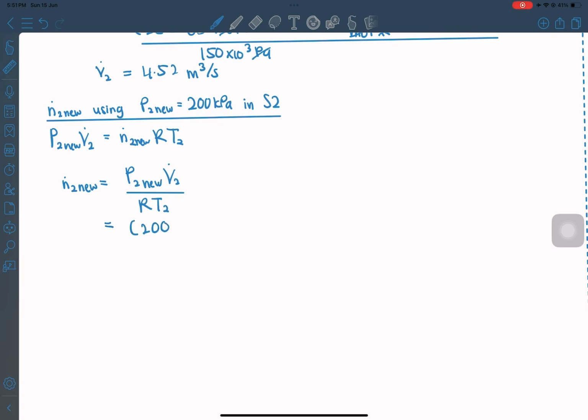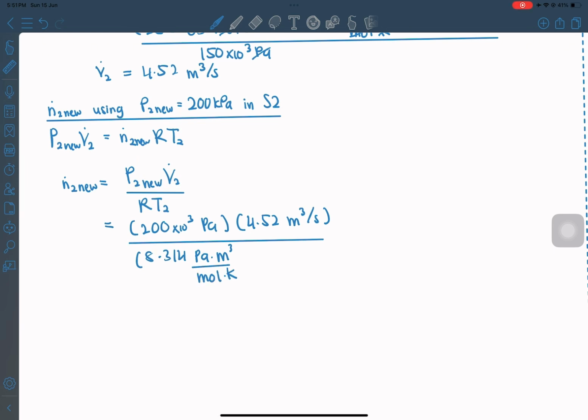We use the same formula as before, PV equal to nRT, but with P as 200 kPa and the volume flow rate that we got before to find the new molar flow rate. After filling in the values, we cancel the units that can be cancelled. We get the new molar flow rate for stream 2, which is 326.63 mole per second.